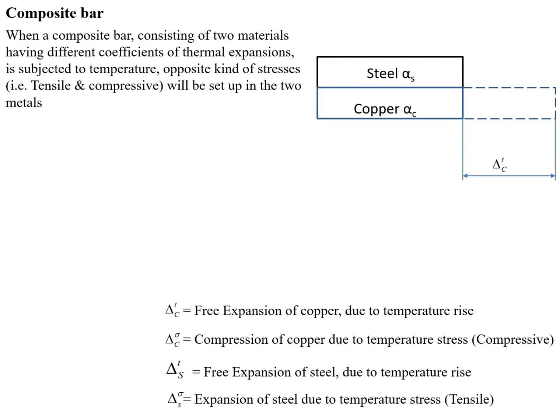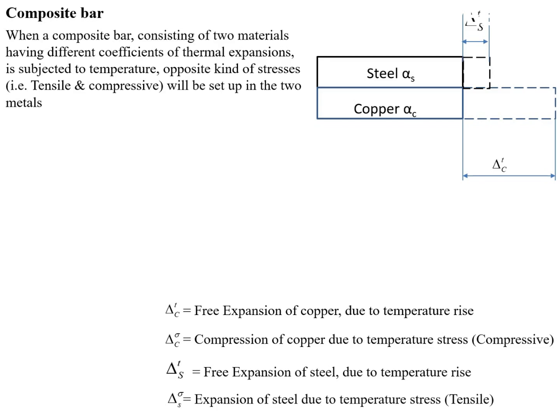So which means here delta Ct, the free expansion of the copper due to the temperature rise, is greater than delta St, the free expansion of the steel due to the temperature rise. This we have to observe in the diagram.